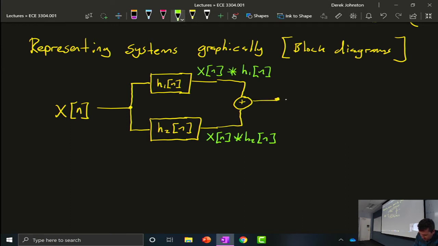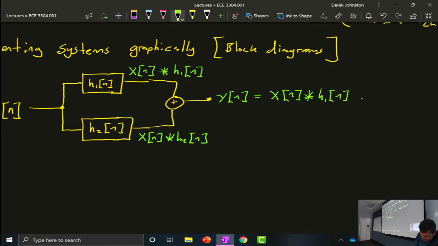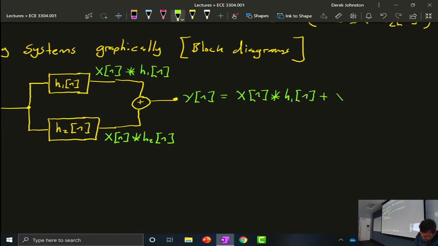It means our output y of n is going to be equal to x of n convolved with h1 of n plus x of n convolved with h2 of n.